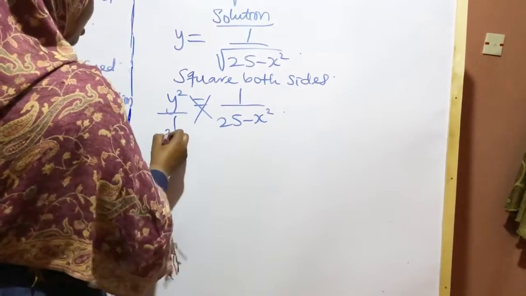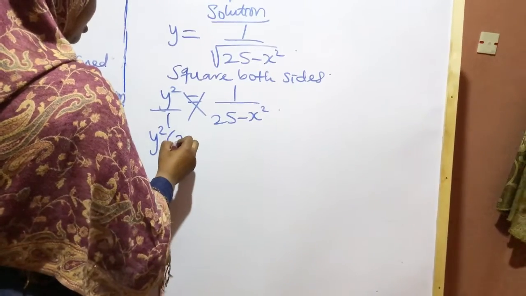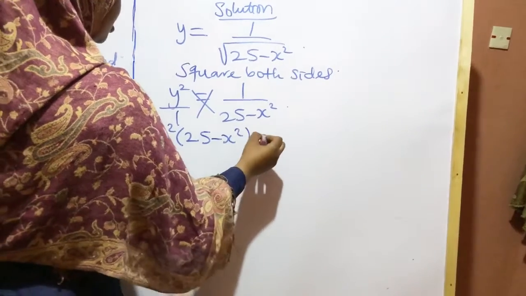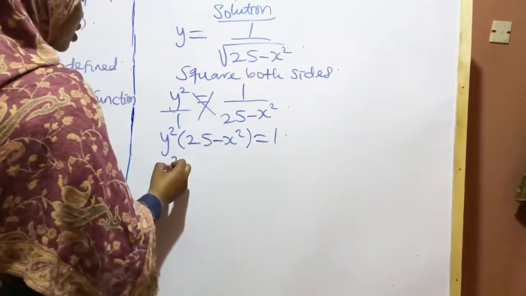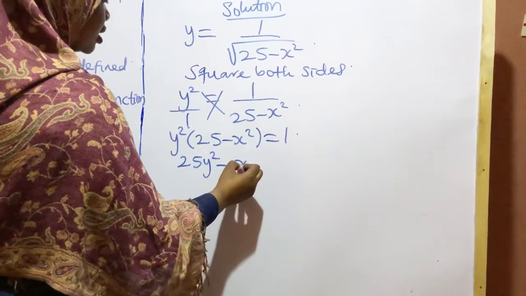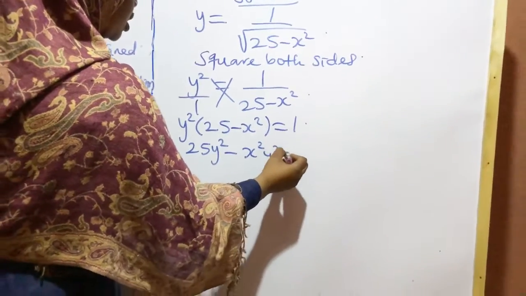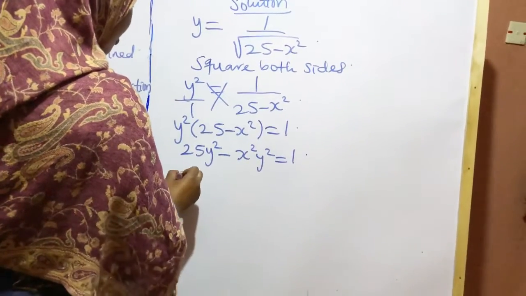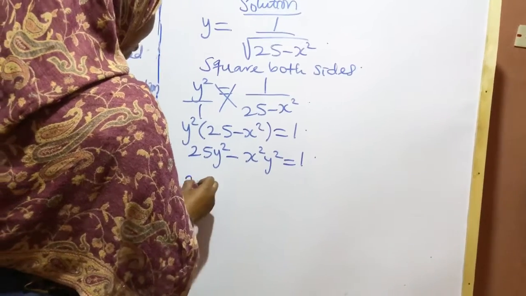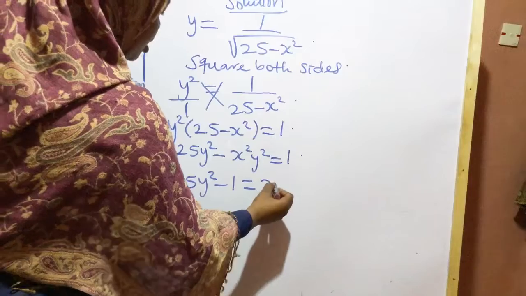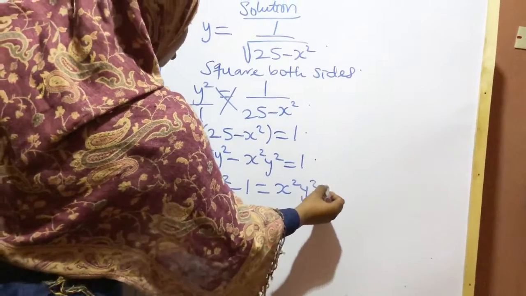Then you have to cross multiply. So cross multiplying gives y squared multiplied by 25 minus x squared is equal to 1. So I have 25y squared minus x squared y squared is equal to 1. So I have 25y squared minus 1 is equal to x squared y squared.